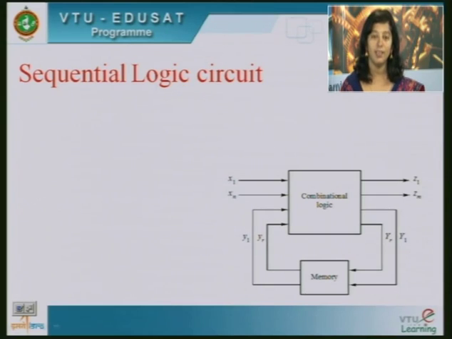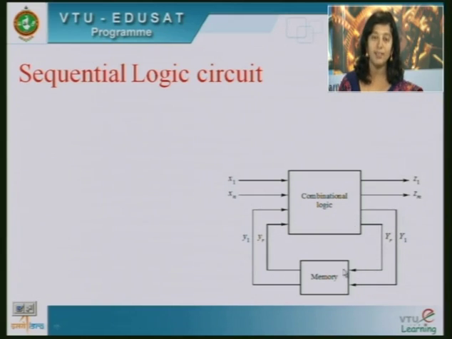Let us see how a sequential logic circuit works. As you can see, it is nothing but a simple combinational logic circuit which depends on present inputs x1 to xn and generates a set of outputs z1 to zn. Along with that, it also generates y1 to yr, a set of outputs.